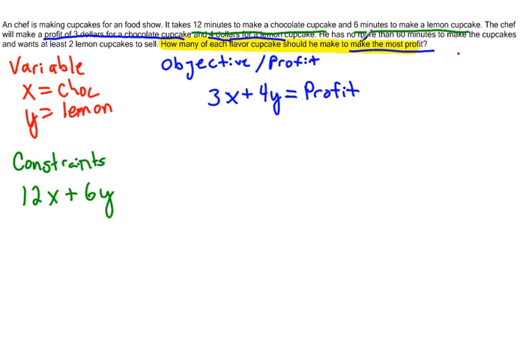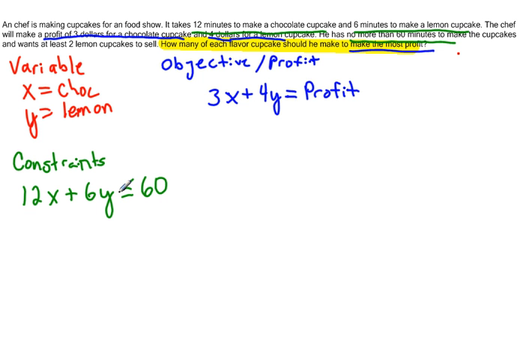That's right here: no more than 60 minutes, which means 12x plus 6y has got to be less than or equal to 60, because he has no more than 60 minutes to make them. He can have 60 minutes or less, but he can't go over 60 minutes.